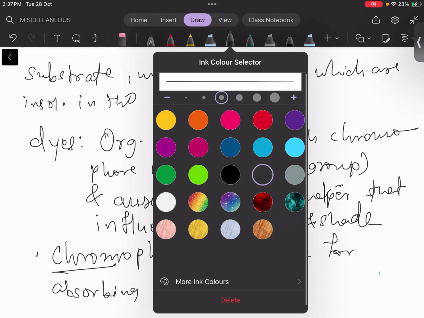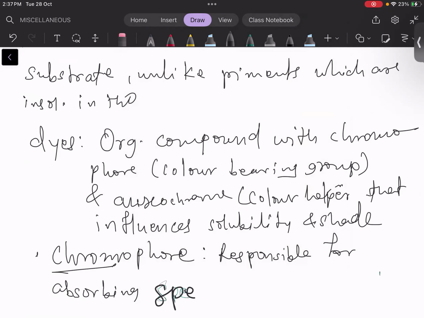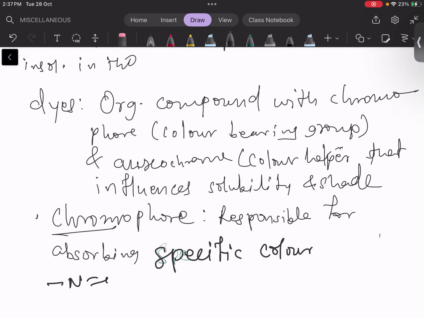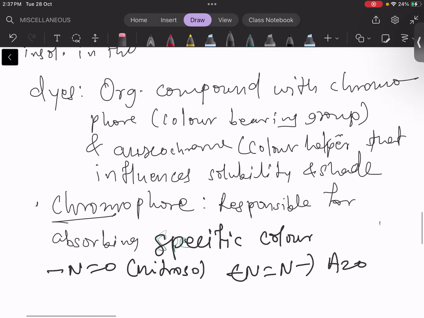They consist of double or triple bonds, N double bond O, nitroso, or N double bond N, that is the azo group, as well as the phenol group.